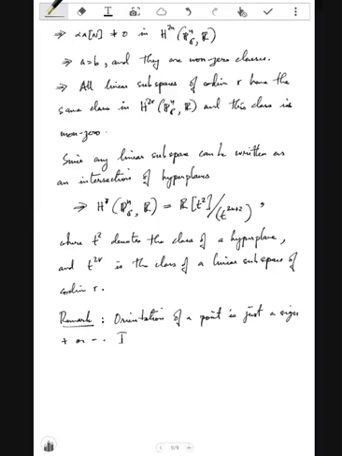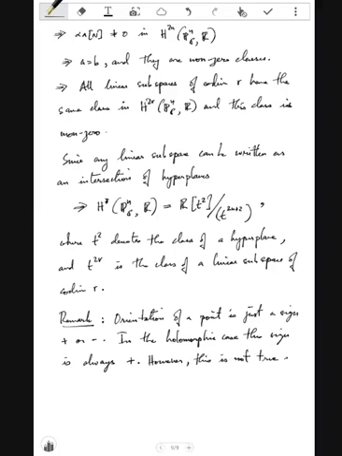In the holomorphic case, this sign is always plus. However, this is not true in the smooth case. Let us see an example.